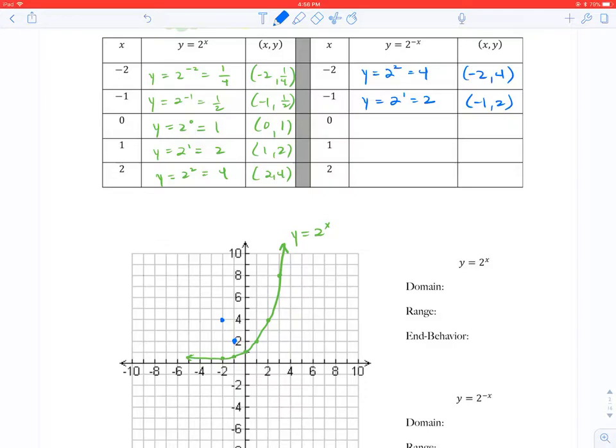Okay, so I think you guys can kind of see what's happening. 2 to the 0th is 1. Okay, that would be 2 to the negative first, which is 1/2. 2, 1/4. Okay, and then I could also, if I substitute -3 in for x for this guy, then we'll get y is equal to 8.